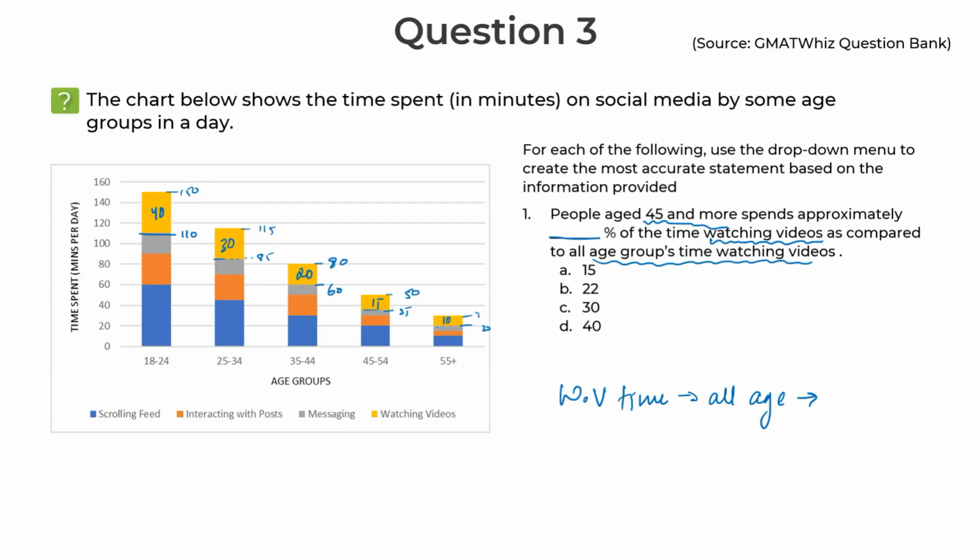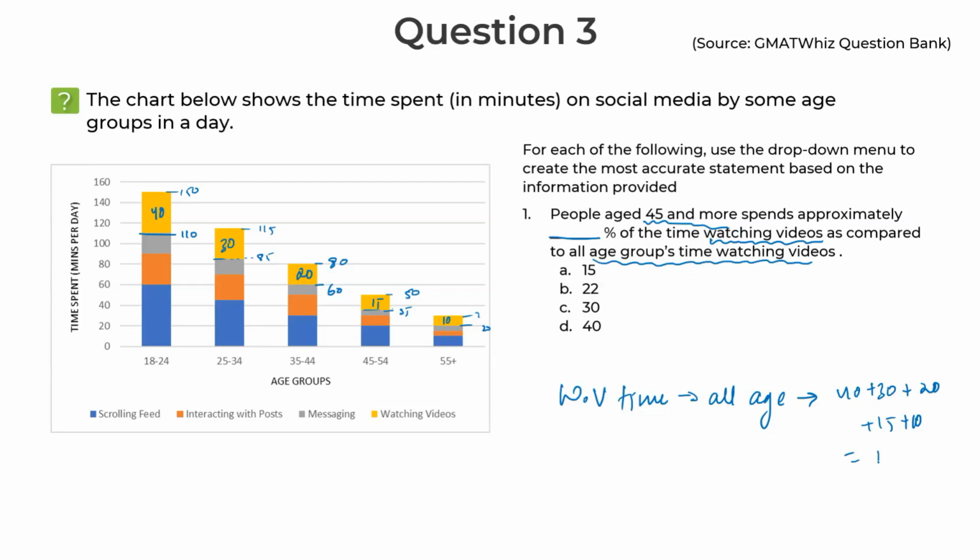So what is the total time of watching video by all the ages? That is 40 plus 30 plus 20 plus 15 plus 10. 40 plus 30 gives me 70, plus 20 gives me 90, plus 15 gives me 105, plus another 10 gives me 115.